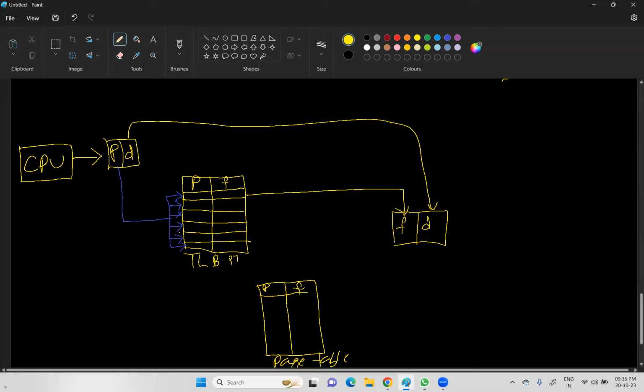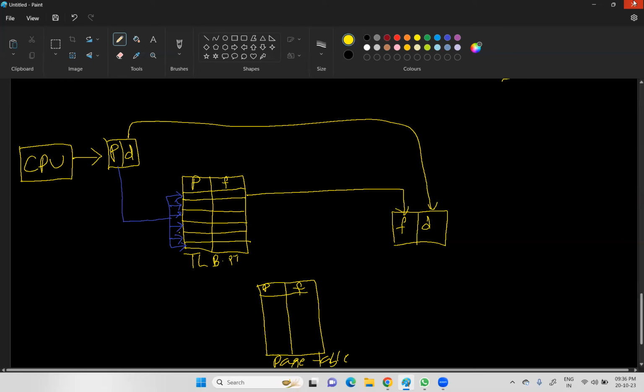Random access memory can be available with 16 GB, 20 GB, 32 GB, or 64 GB. But cache memory can be available 4 MB, 5 MB, not more than that. Of course, today it is available, but as far as the previous things, it could be seen something like that.